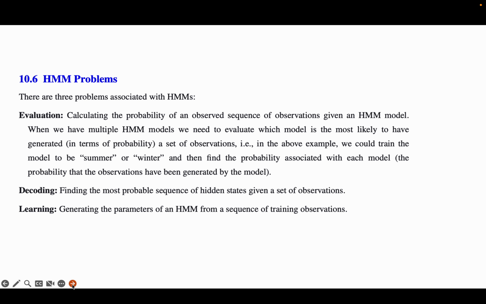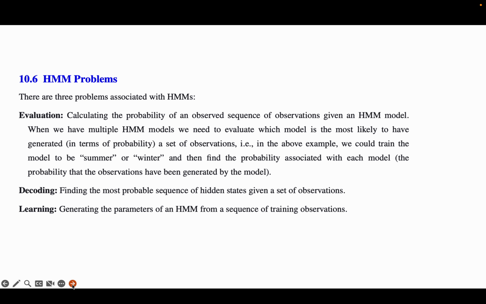Decoding is about finding the most probable sequence of hidden states given a set of observations. So, in other words, given that you make observations over a 3-day period, what's going to be the most probable sequence of what will happen on day 3?